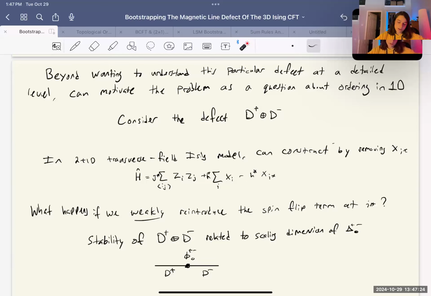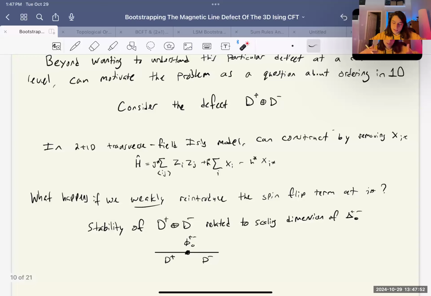And for this, we're going to want to understand this superposition defect, which is if I take the plus and the minus defect and take their direct sum. You can think of constructing this kind of defect from these building blocks in field theory as coupling some qubit, which is made dynamical, to the sign of the perturbation that we make to make this pinning field defect.